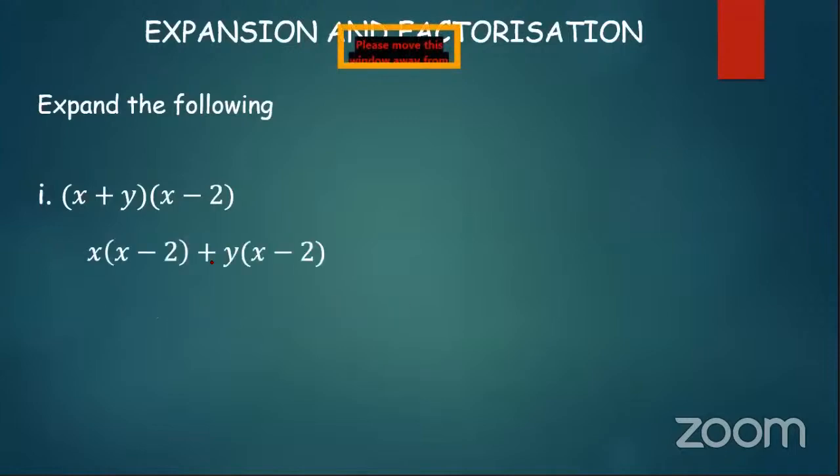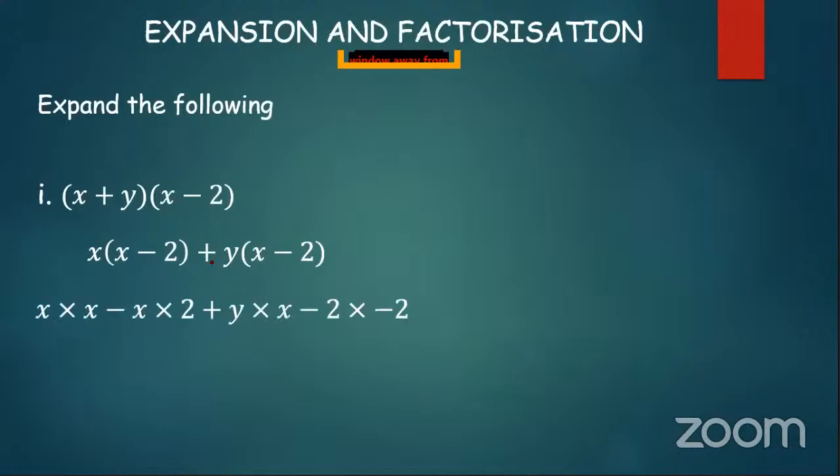So we are going to have x into x minus 2 plus y into x minus 2, as she has said. Then we get x times x minus x times 2. That is for the first bracket. Then we go for the second bracket, y times x, minus, I think this was supposed to be y times negative 2.